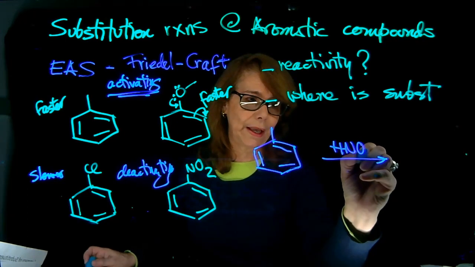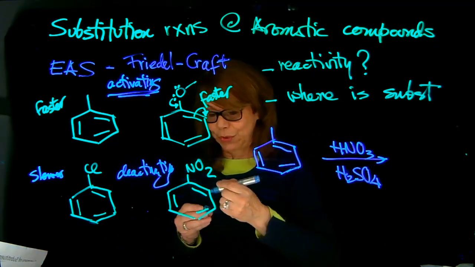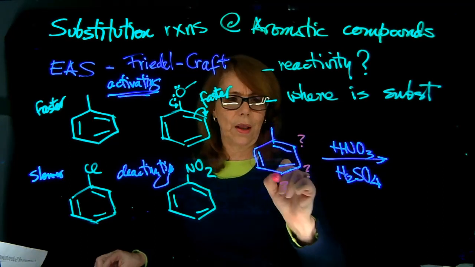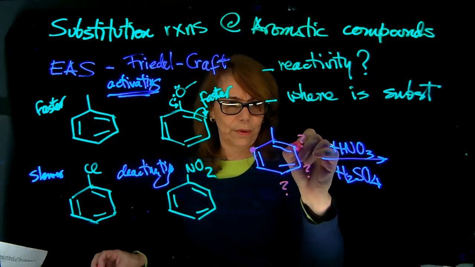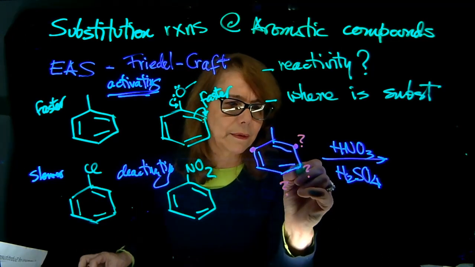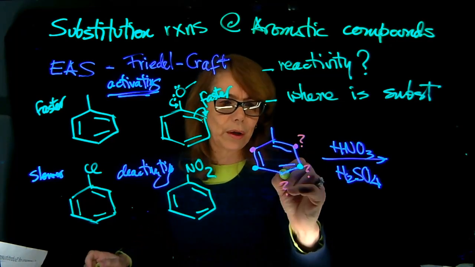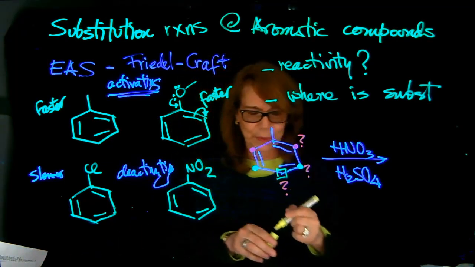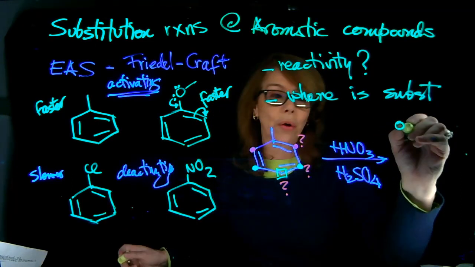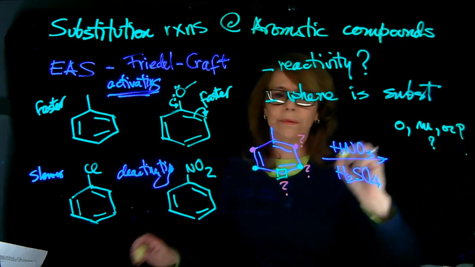So I'm using nitric acid, sulfuric acid. Where is the nitro group going to go? Does it go here, here, or here? Notice that these are the ortho positions. These two are equivalent. And these two are equivalent, the meta positions. And finally we have, I'm going to do a little square here, the para position. So we have three possible products. We don't know yet. Ortho, meta, or para. Where is it going?